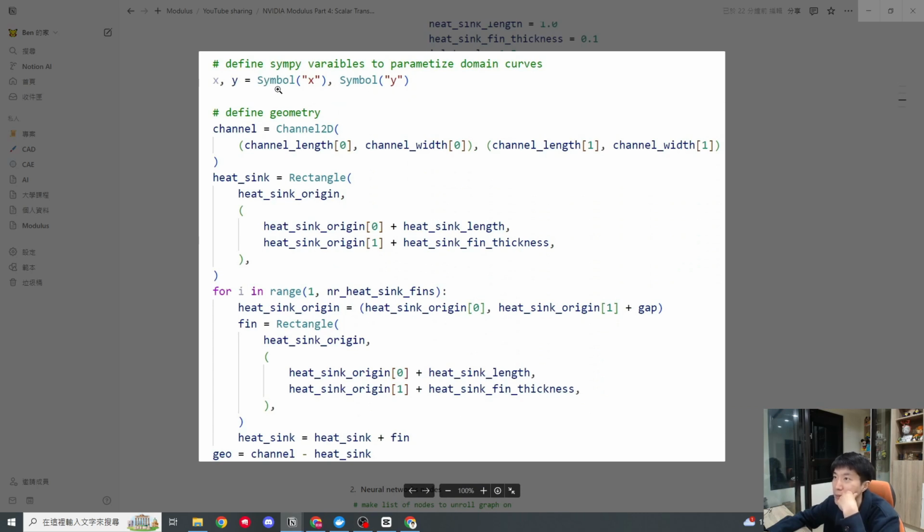We have symbol x and symbol y, and use the channel 2D function to generate this rectangular face. So we have the bottom left corner and top right corner, and also generate the heatsink. This is the lower heatsink, and we use a for loop to generate the other 2 heatsinks.